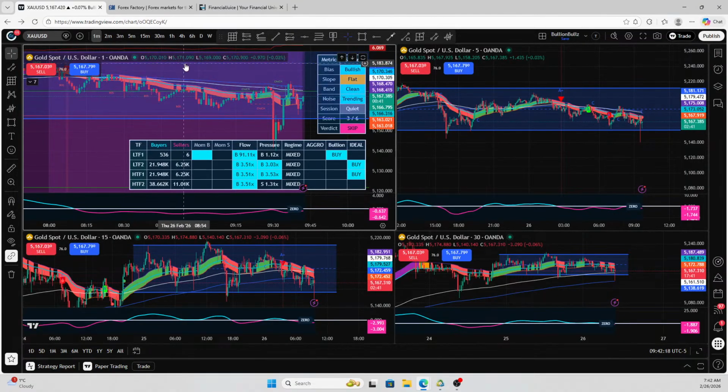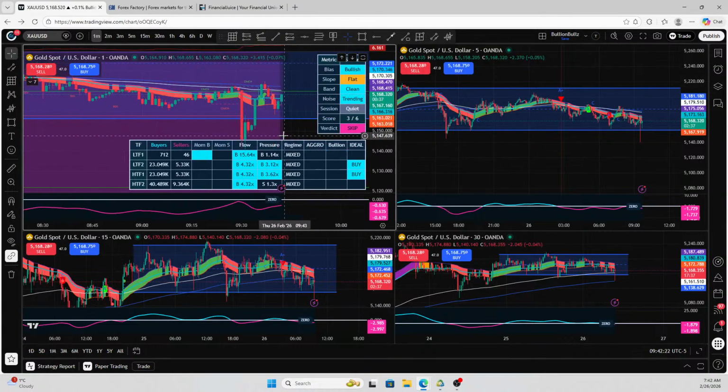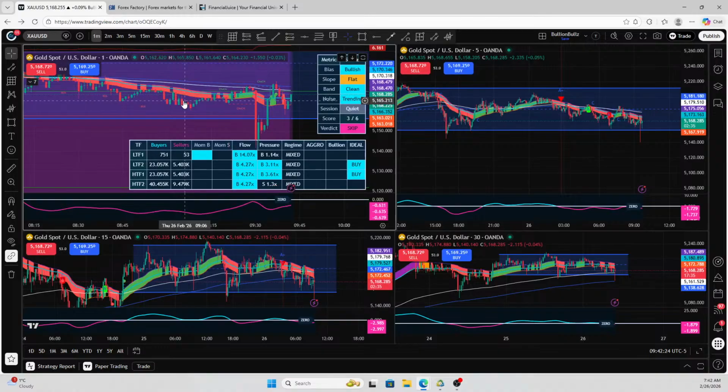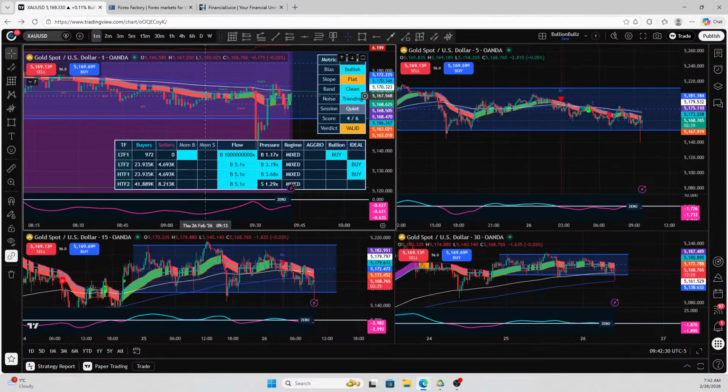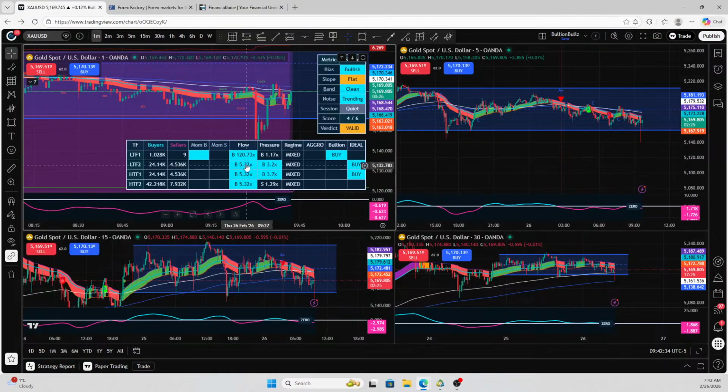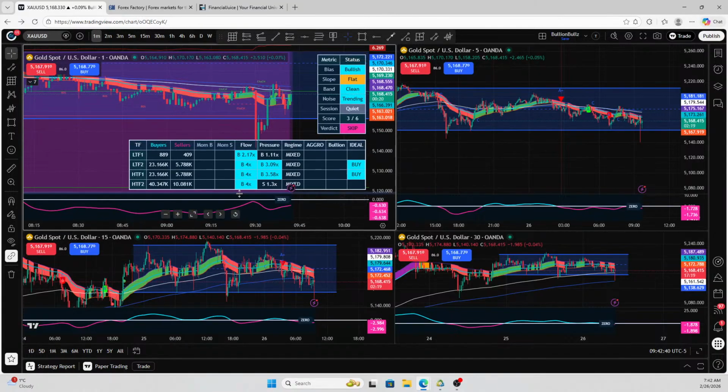But if it turns from red to orange, it means the price action is extremely bearish and the momentum to the downside is very strong. Remember, everything must align with volume at the end of the day. If it doesn't align with the buyer's volume or seller's volume, we will not be taking those setups.